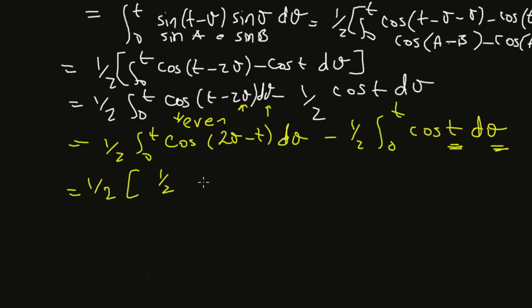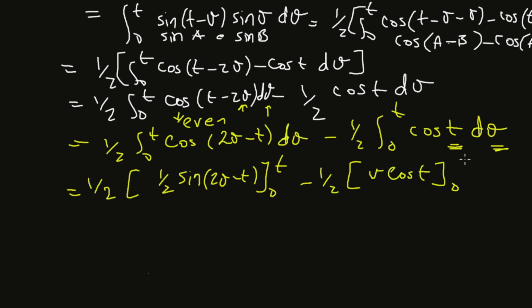That's going to produce 1/2 and sine of 2v minus t from 0 to t, and that's going to produce minus 1/2 v cosine of t from 0 to t, and so that's 1/4.